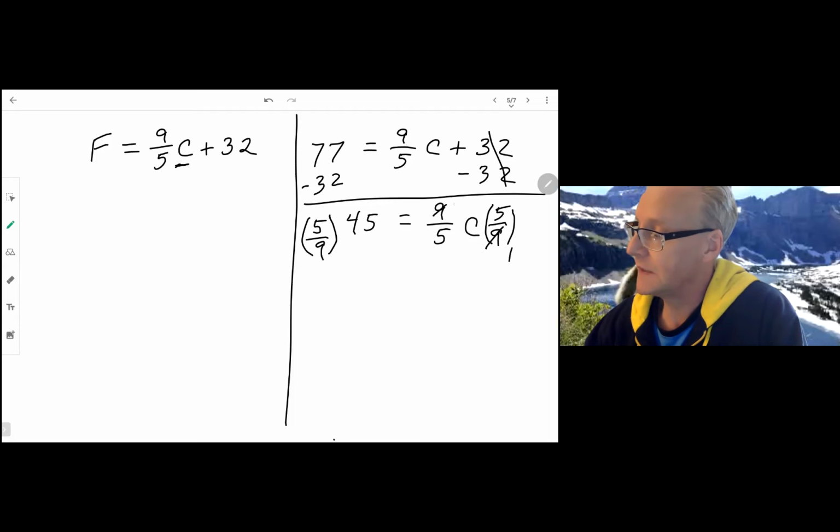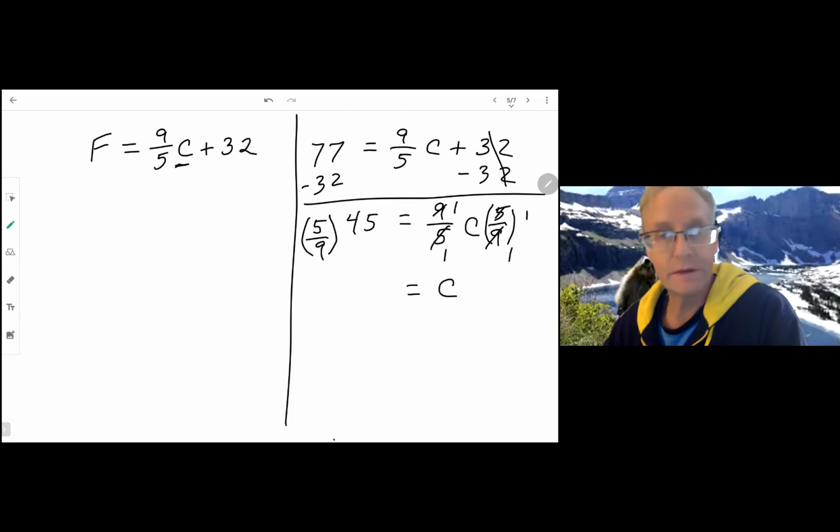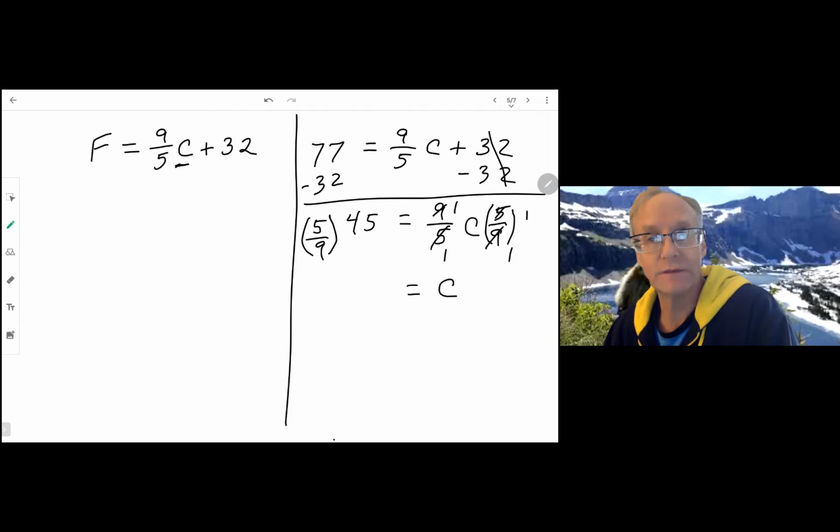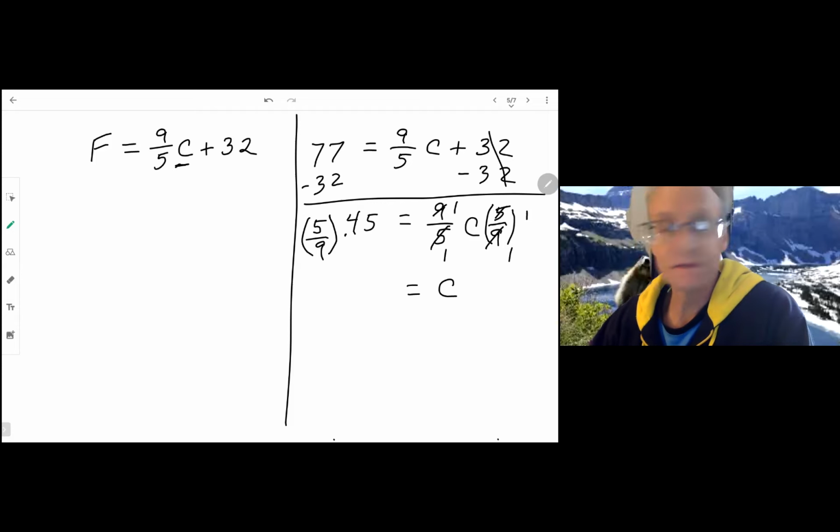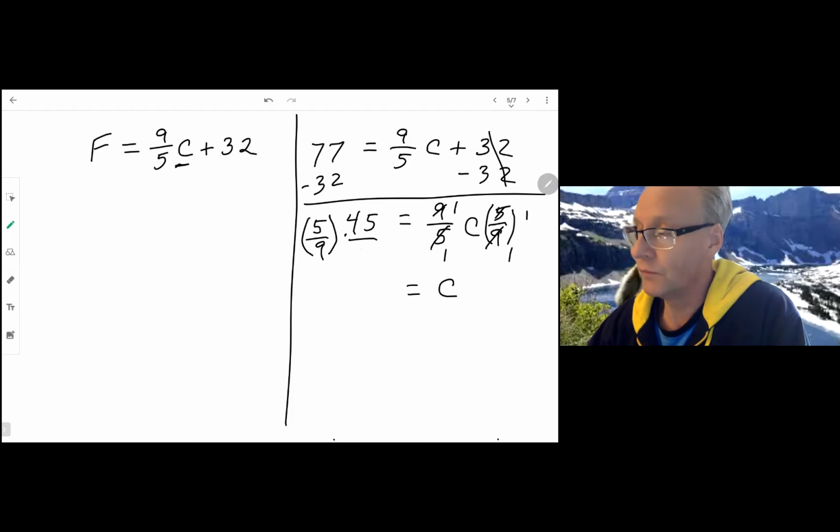Now watch this. 9 divided by 9 is 1. 5 divided by 5 is 1. And you now have a method for eliminating fractions if they're in the coefficient. You multiply both sides by the reciprocal. Now, when I multiply fractions, a lot of people are confused. What do you do with this 45? Well, this is really over 1.